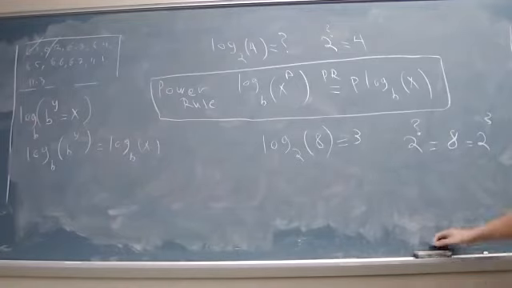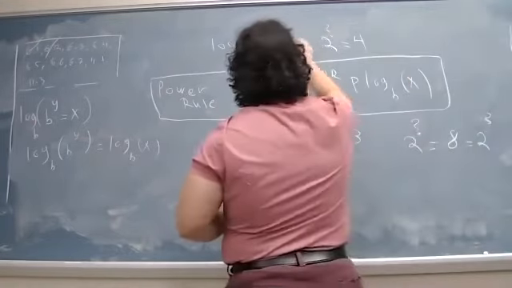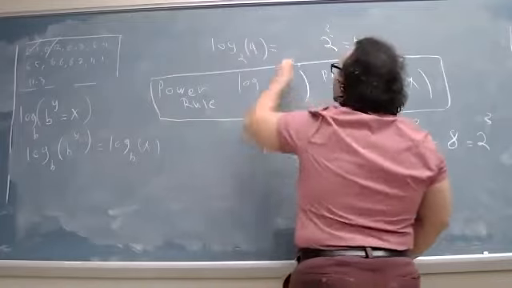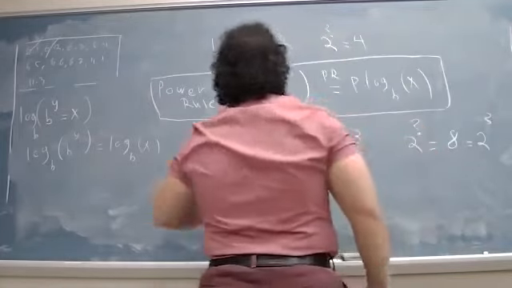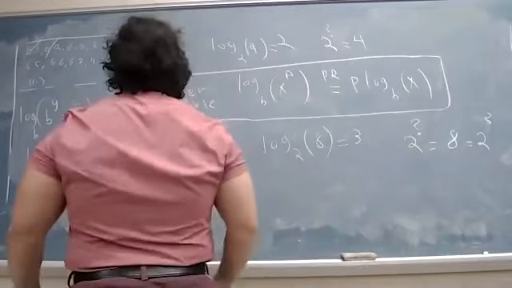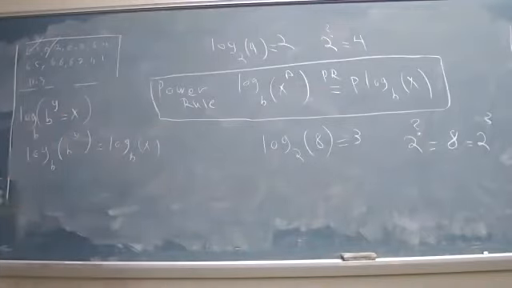That's right. 2 raised to the 2nd power is equal to 4. Okay? So that's kind of the intuition we have for logs.